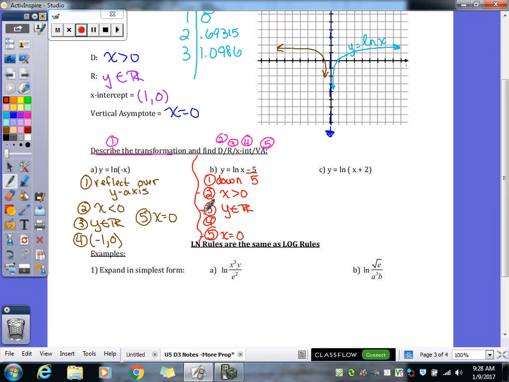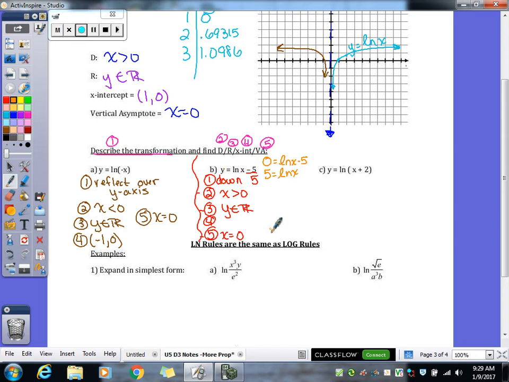The thing that changes is your x-intercept, and that one's kind of trickier to find out. So in this instance, your x-intercept is when your y equals 0. So if I do 0 equals ln of x minus 5, I tried solving it, so I'll add my 5 over. You kind of get stuck at this point.